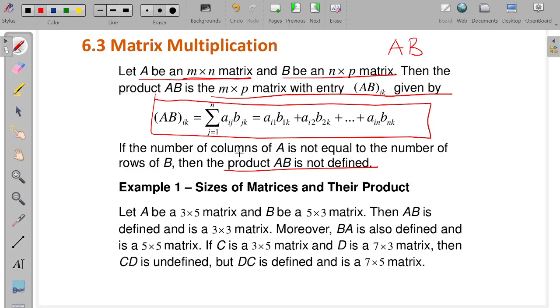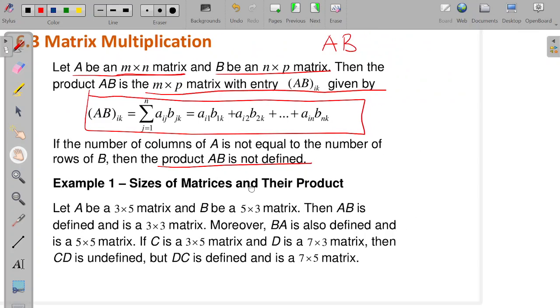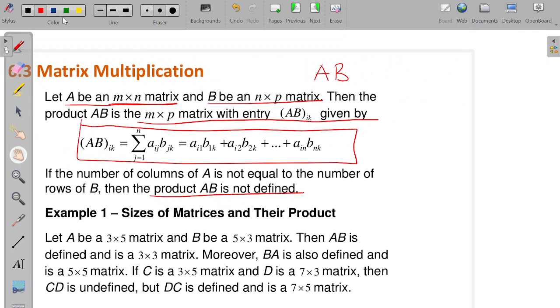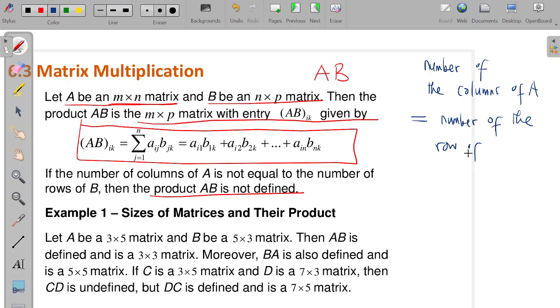So in matrix multiplication, one thing is very important: the number of columns of A, because A is the first one, must be equal to the number of rows of B. That is very important for matrix multiplication.